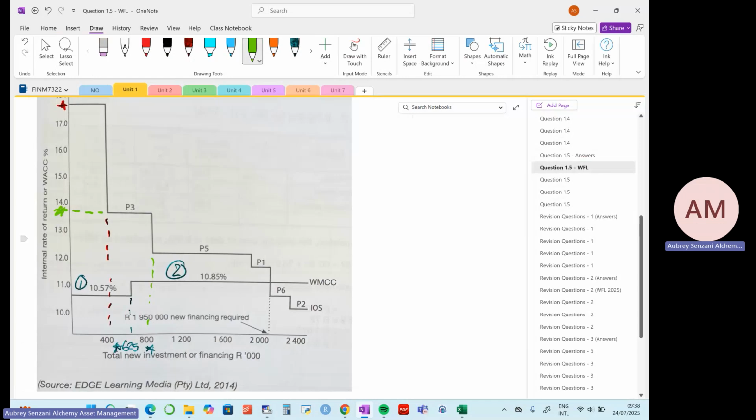And this is why we were saying that where your investment opportunity schedule and your weighted marginal cost of capital lines cross is the point at which you reject anything that comes after. Only invest in the things before that. Can you see that? Is it making sense?